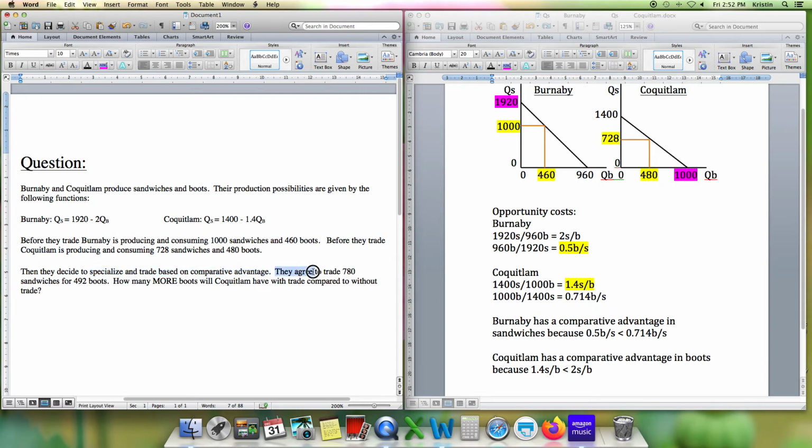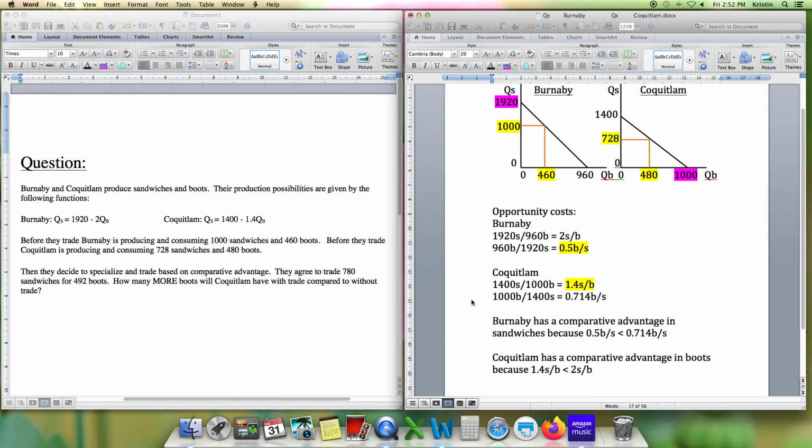They agree to trade 780 sandwiches for 492 boots. So this is what we call the terms of trade. So let's just figure out how much they will have after they do this. And then we'll look at the final part of the question.